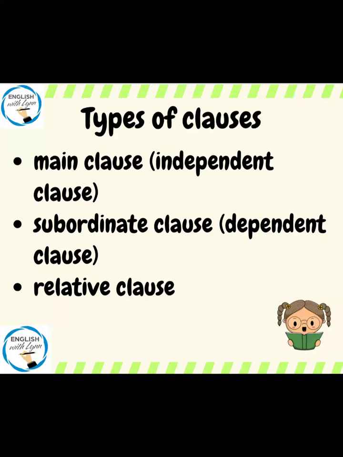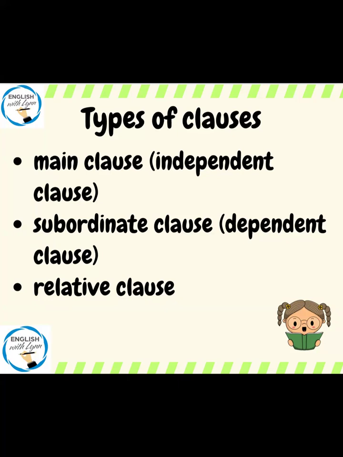And the final type of clause that you will learn in primary school is a relative clause. And I'm not going to speak much about that today because there is a separate video that is just about relative clauses. So if you want to know more about relative clauses, have a look at the other video.